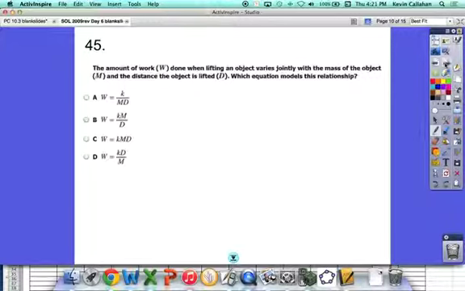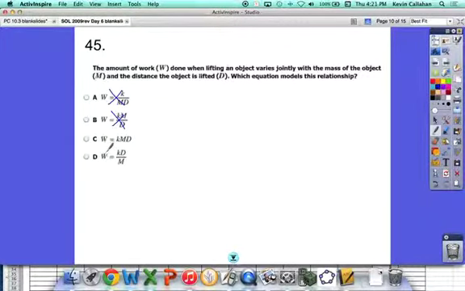If you look at our choices here, right, the first one looks like an inverse variation with a product, right, because the m and the d are in the denominator, so it's not that. The next one looks like it's a direct variation with m and an inverse variation with d, so that's not it. And I'm going to jump ahead to d.